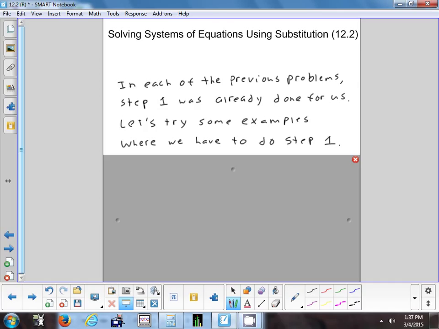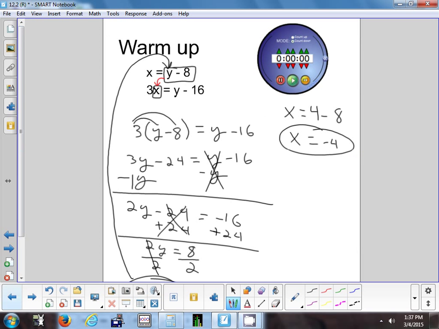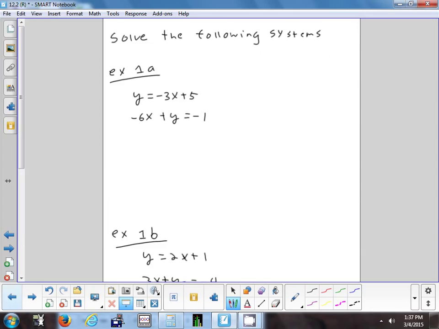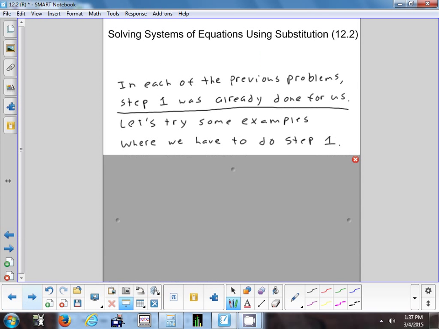All right. So we just went through each example, and I showed you that step one was already done. One of the equations already had a letter by itself, whether it was x by itself or y by itself. Now the next couple of examples, we're going to have to do that step.